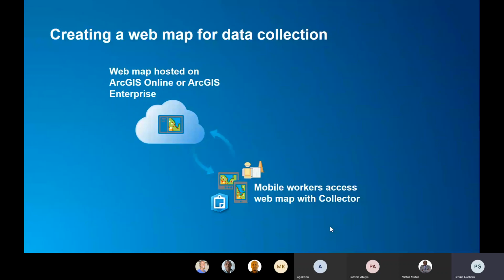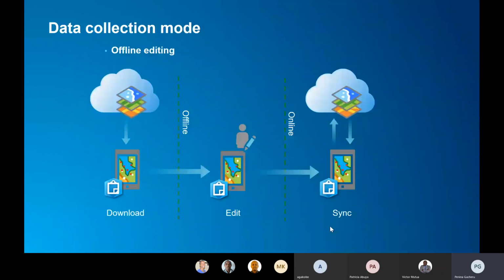When we look at the data collection mode, we have two options. Collector for ArcGIS allows you to work offline or to work online. If the people you're sending to the field go to an area that has no internet connectivity, they will still be able to work offline.